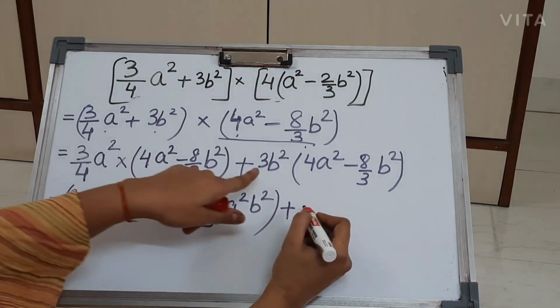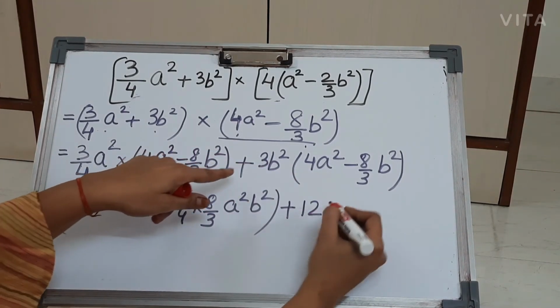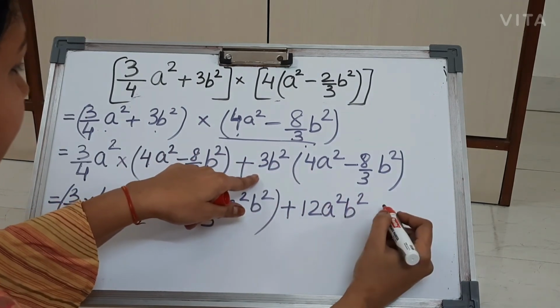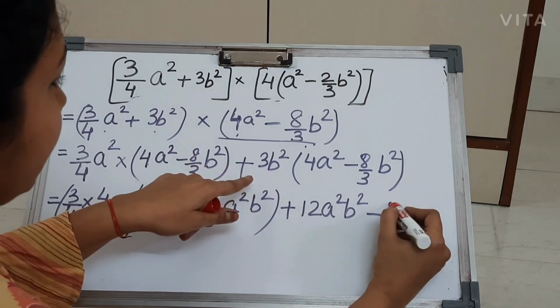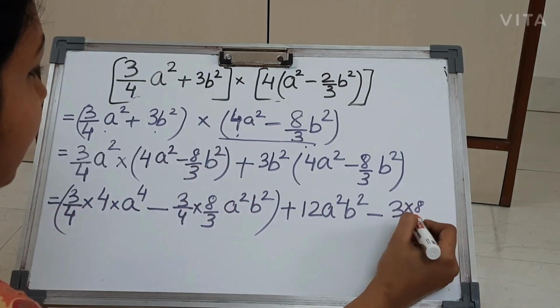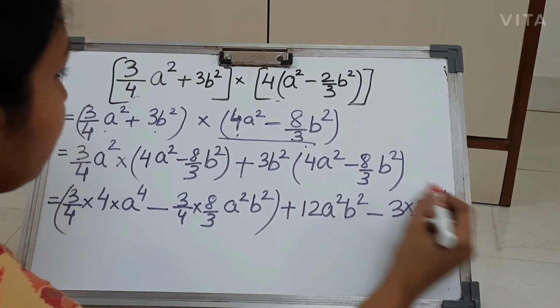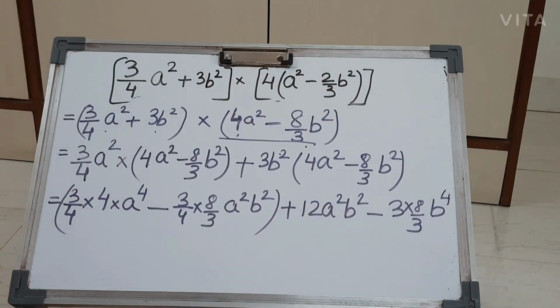What about the second? 3 fours are 12 a squared and b squared. We will write as it is, minus 3. Again we will multiply the numbers. We will take the numbers together and 2 plus 2 is 4.